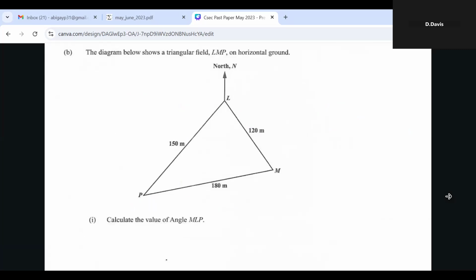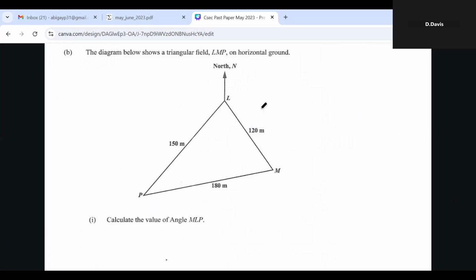All right, so B. The diagram below shows a triangle field, LMP, on a horizontal ground. Calculate the value of angle MLP using the what are we using? Angle MLP.